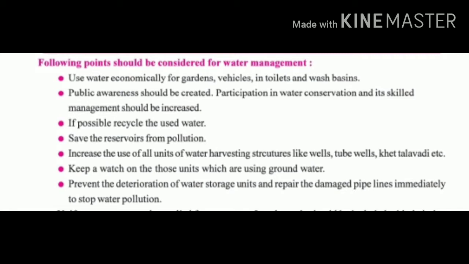There are states which are intensively prosperous in irrigation. After independence, the irrigated area in India has increased 4 times.